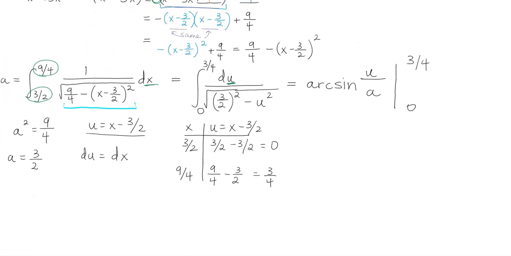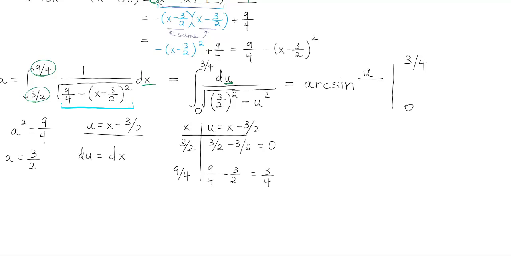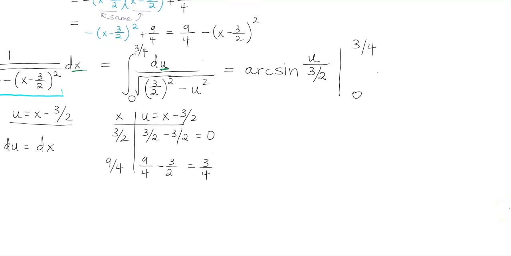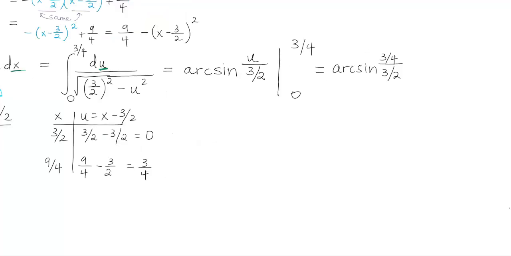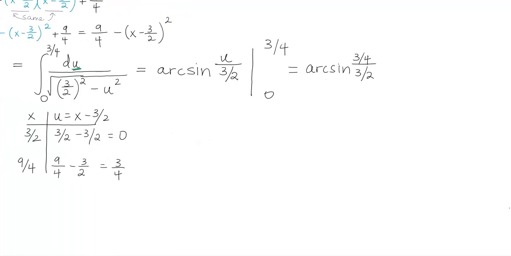I will go ahead and replace this a though with 3/2 because that we do know. So we are left with arc sine of 3/4 divided by 3/2. That's from plugging in the upper limit of 3/4. And from that we subtract arc sine of 0 divided by 3/2.